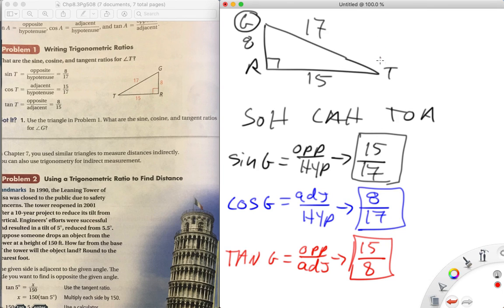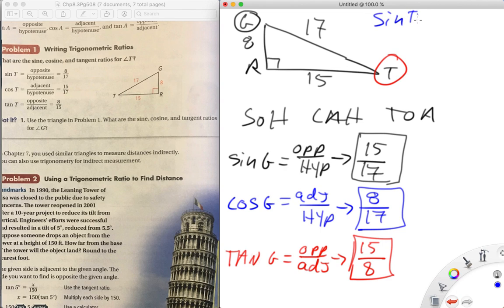So we have this angle T, and the book did those guys for you. Notice that I'm going to look at sine T. I'll put it in blue.